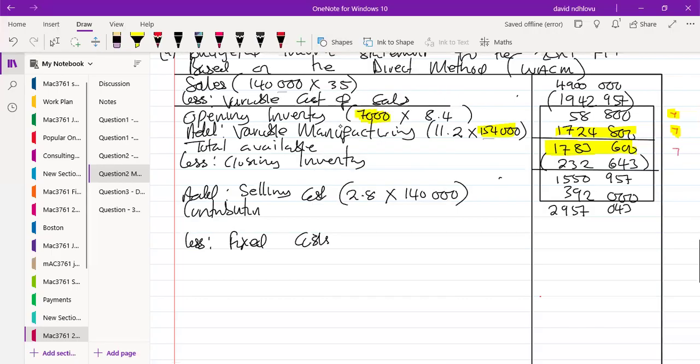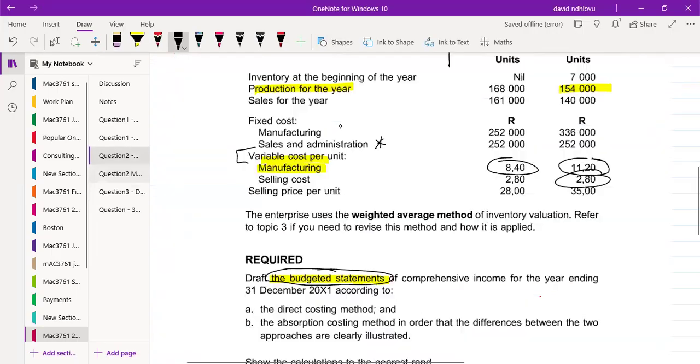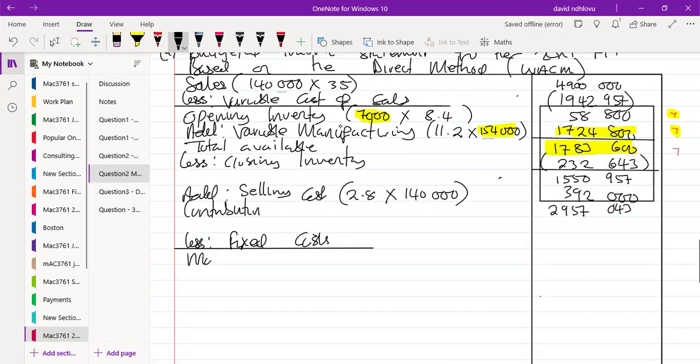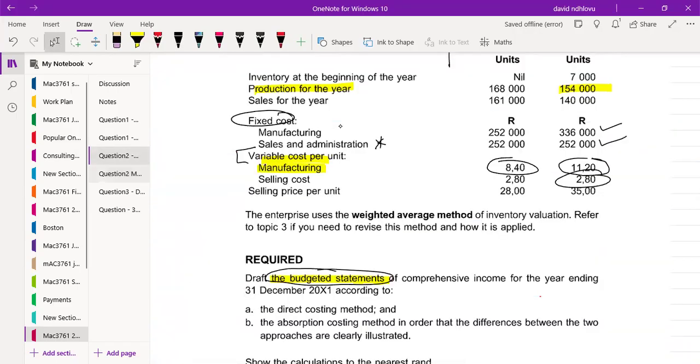On the fixed costs for the current year, we have got manufacturing 336 and sales and administration 252. So we'll say manufacturing, and then we have sales and admin. This one is 336 and 252.